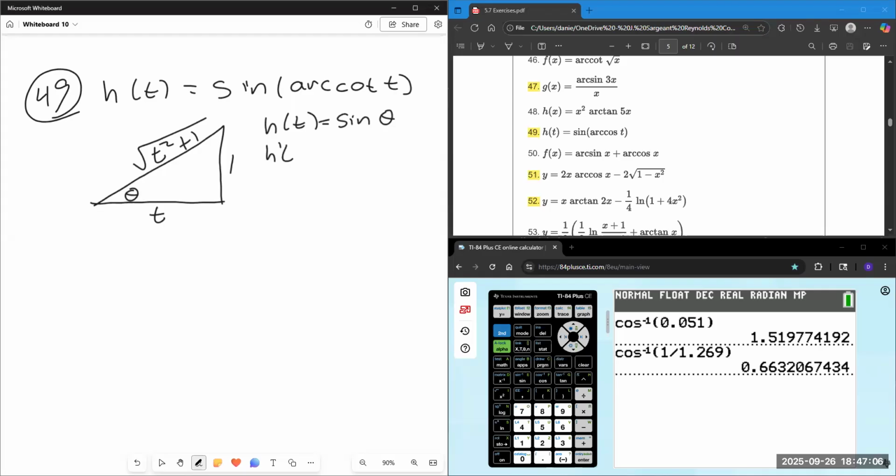Say h prime of t is cosine of theta, right? So cosine of theta is t over root t squared plus 1. Did I miss something? Arc cosine.